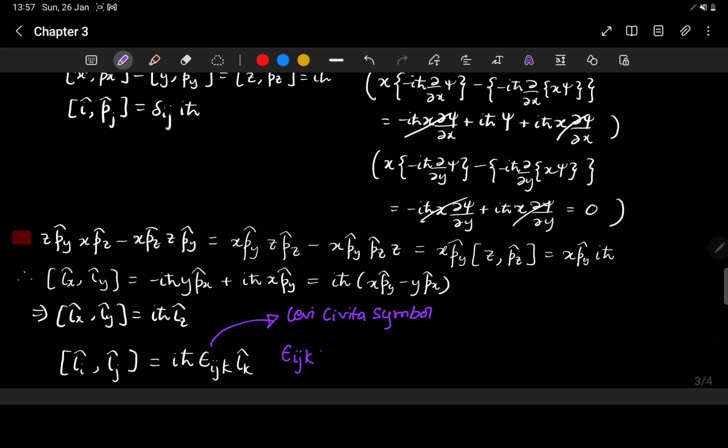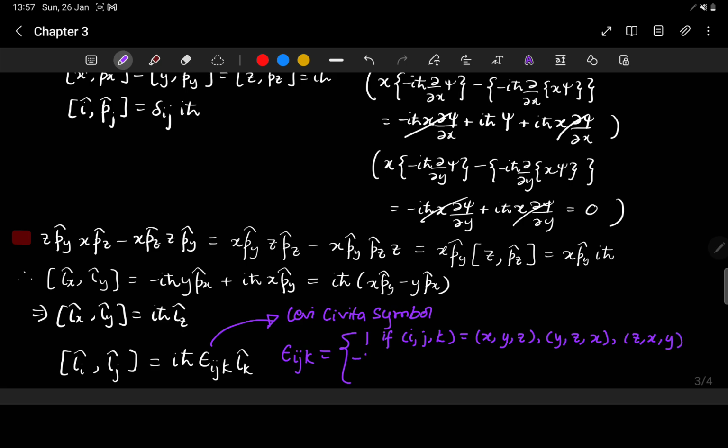So this basically means that this epsilon ijk is a number, and this takes the value +1 if your ijk combination is equal to x, y, z or y, z, x or z, x, y.